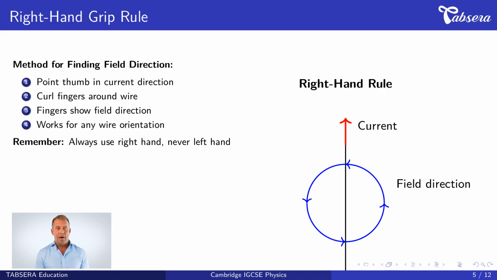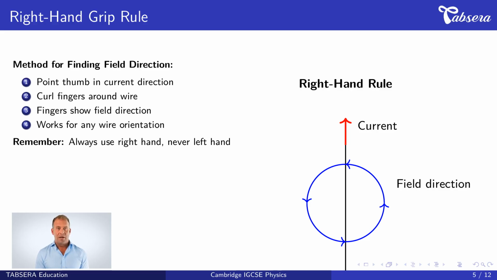Now we examine the right-hand grip rule, a practical method for determining magnetic field direction. This follows Cambridge IGCSE requirements for understanding field patterns. The method consists of 4 steps. First, point your thumb in the direction of conventional current flow. Conventional current flows from positive to negative terminal. Second, curl your fingers around the wire as if gripping it.